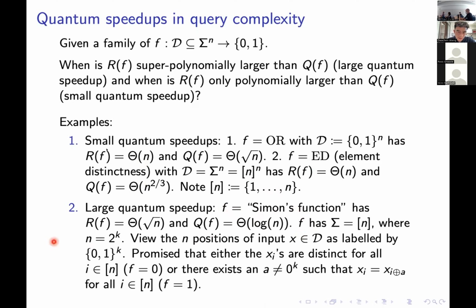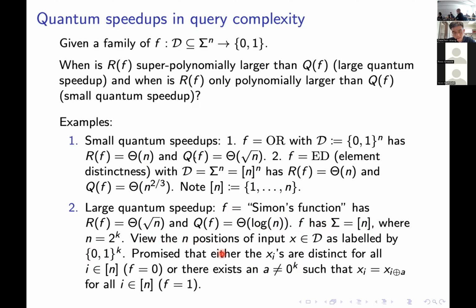Before I describe it, I'll just tell you that it has R of f equal to theta square root of n and Q of f equal to log of n. So you see R of f is super polynomially, in fact, exponentially larger than Q of f. The function is defined in a special way, and it has sigma equal to bracket n, where n is some power of 2.